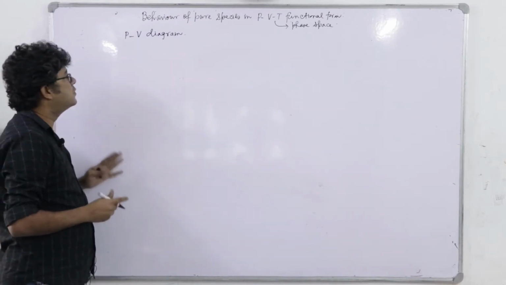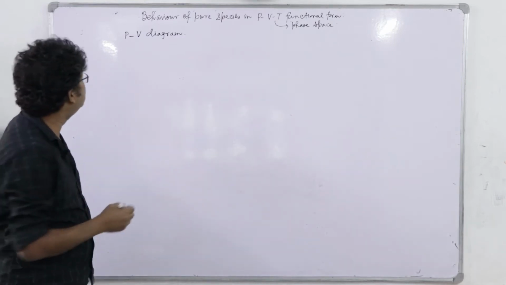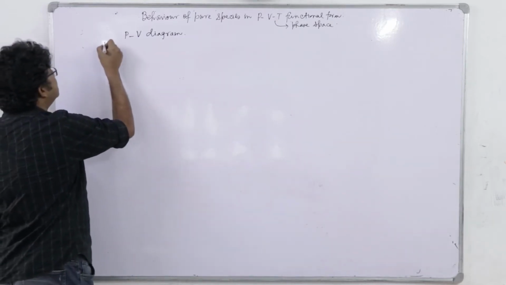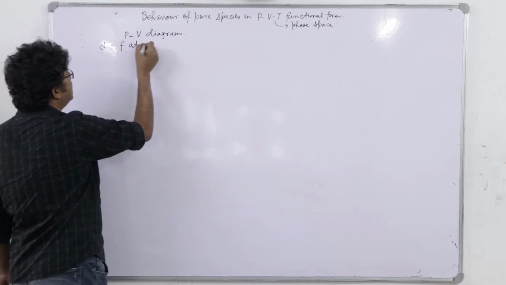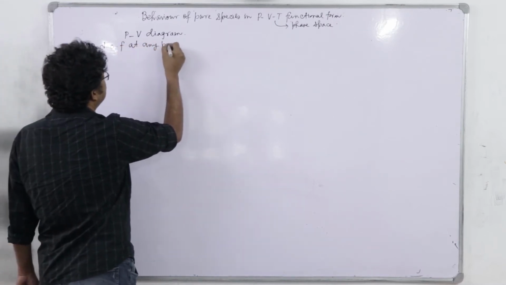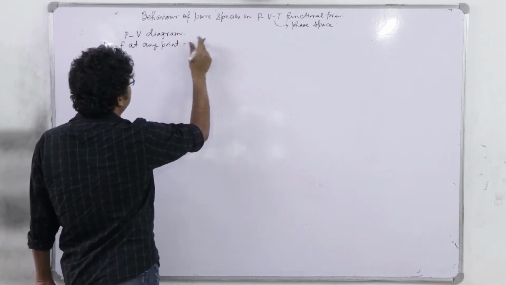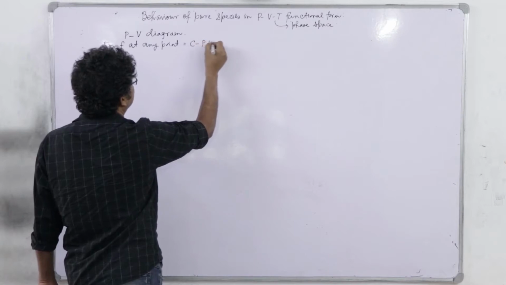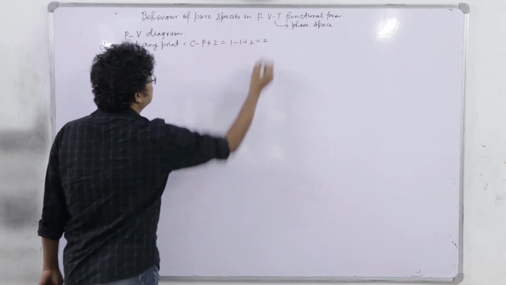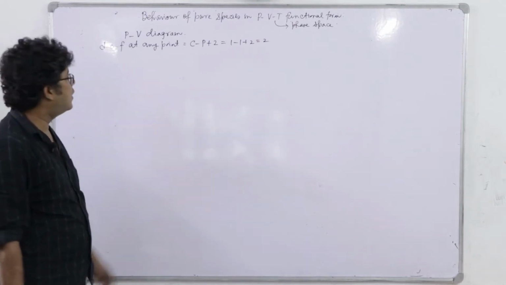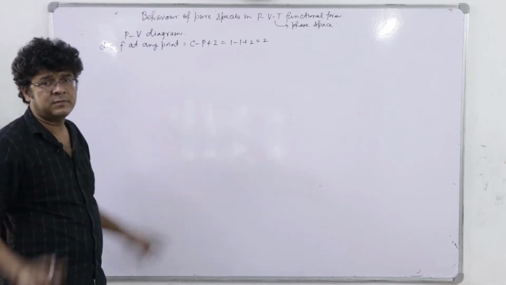Before you go to this description of this PV diagram and the different isotherms, let us again just state that the degrees of freedom at any point will be C minus P plus 2. So, obviously 1 minus 1 plus 2, so it is 2, right. So, it has got 2 degrees of freedom anywhere on this PV space.